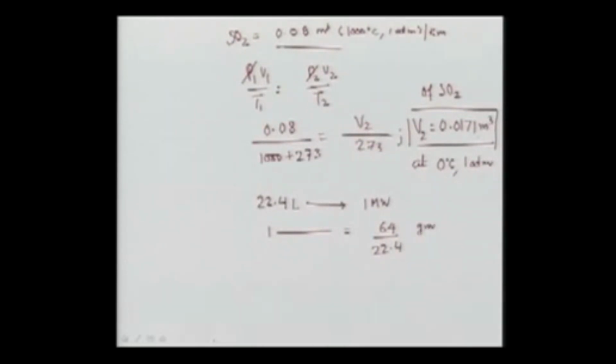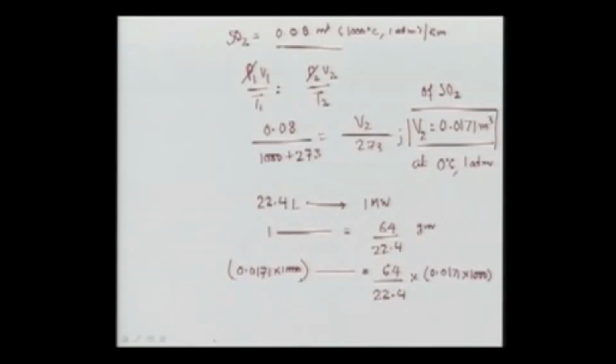So how much volume do I have here? 0.017. So I can also convert this into liters, into 1000. This is liter, so this will give me how much mass? 64 by 22.4 multiplied by 0.0171 into 1000.